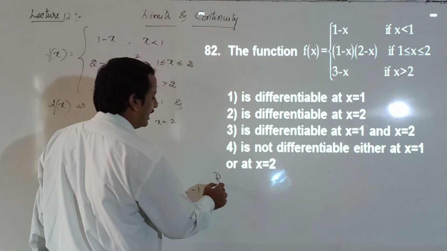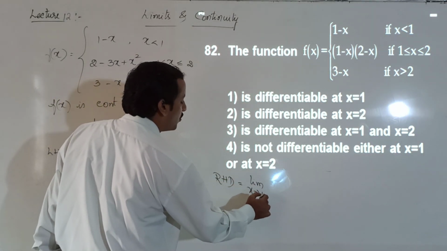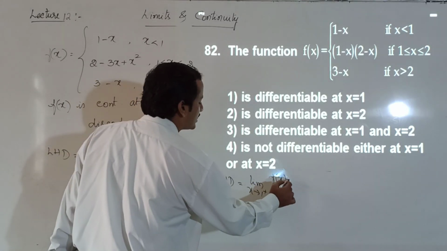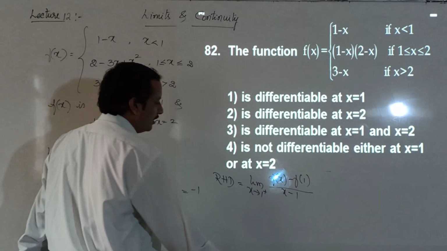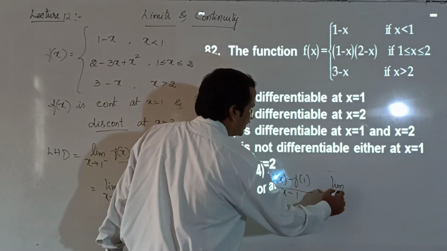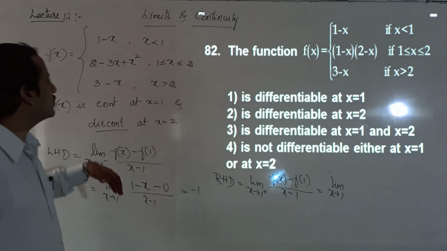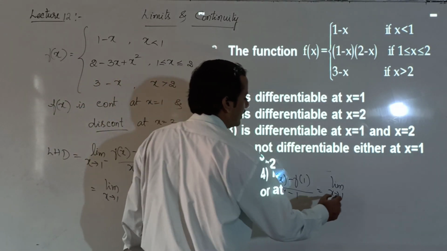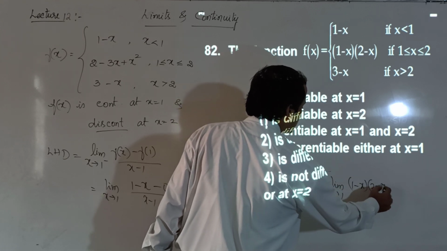Now I want to find out the right hand derivative. Right hand derivative is equal to limit x tends to 1 plus f of x minus f of 1 divided by x minus 1. That's equal to limit x tends to 1, f of x is 2 minus 3x plus x square, which factors as 1 minus x into 2 minus x.